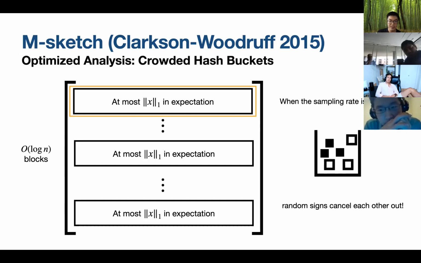I don't want to get into the calculations to make this work, but essentially, if the sampling rate is too high, then the contribution from this block is going to be a lot smaller relative to the 1 norm of your entire vector. So with this analysis, any block that's higher than around 1/m contributes only an epsilon amount of mass.